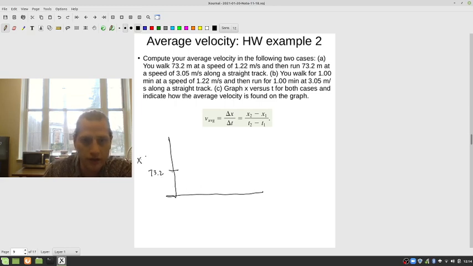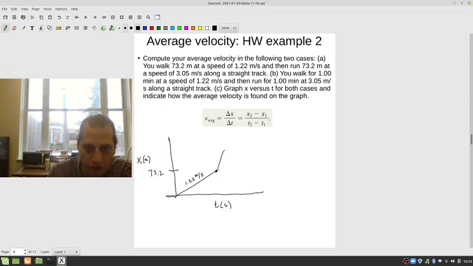So here's your x in meters. Here's your time in seconds. And that 1.22 meters per second, that's the slope that you have. And then run 73.2 meters at a speed of 3.05 meters per second.